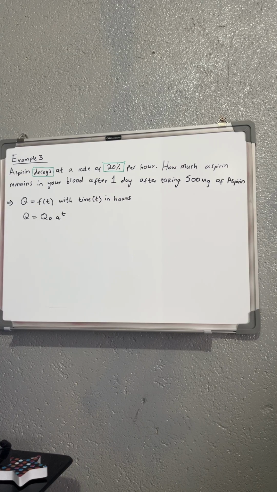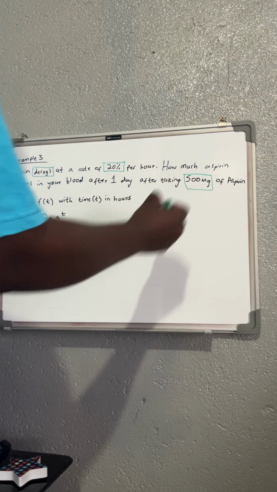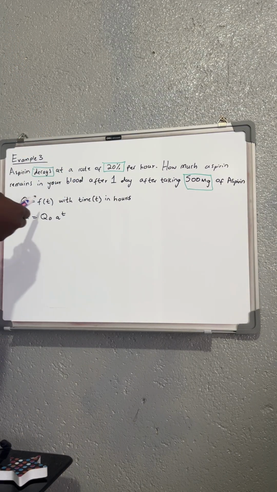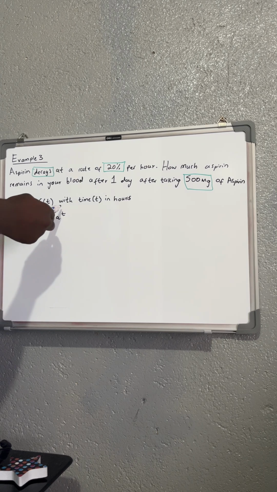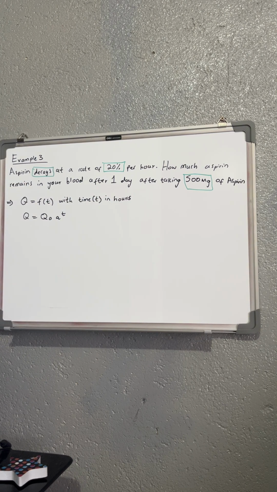Now the Q0, remember I said this one is our initial quantity. And you can see here we are given an initial quantity, and we said let the quantity be a function of time with time t in hours. What did they give us?